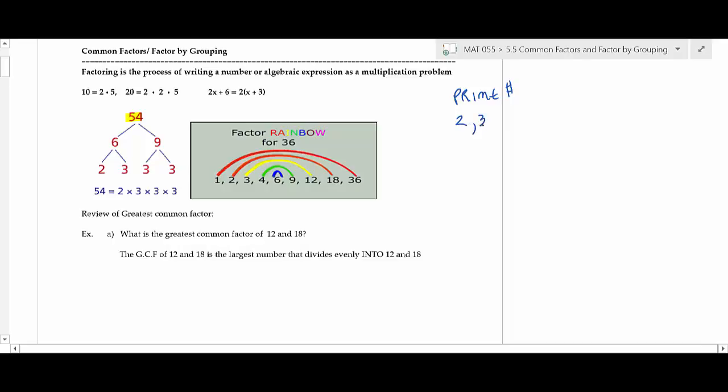Second one's 3. 3 times 1. How about 4? No, 2 goes into 4, so that's not prime. How about 5? Yeah, 5 and 1. How about 6? No, 2 goes into it. 3 goes into it, okay? 7, that's prime. I'll just go take it out a little bit. 11, 13, 17, 19, and forever, and that's good enough.